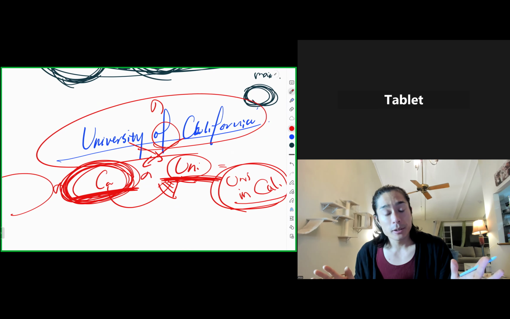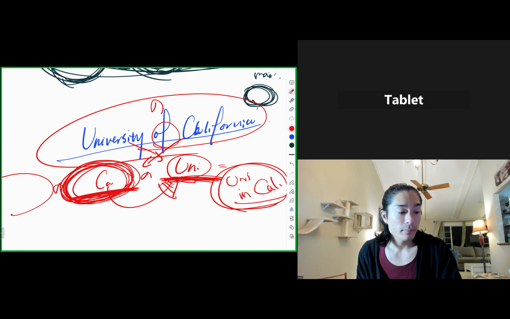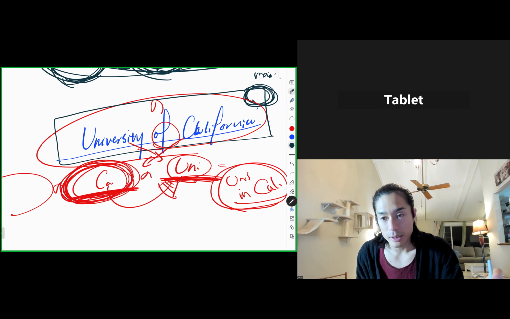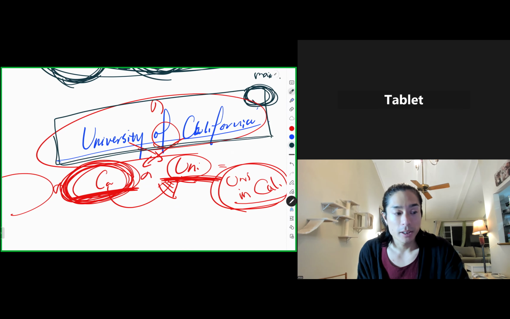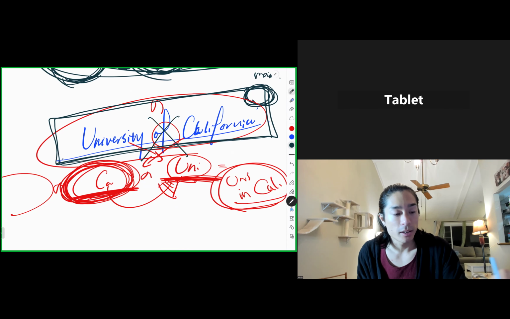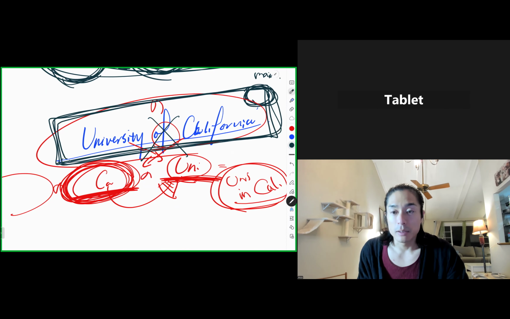Or in other words, University of California has become, or is already, an official name of the university, right? It's an official name. We can't take off "of" and be like University of California. University of California is the official name of the school.